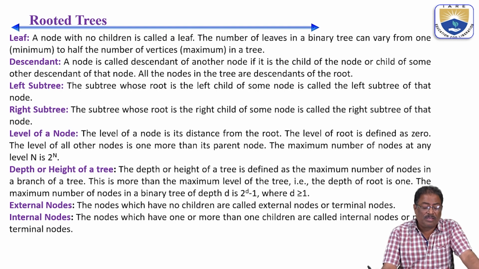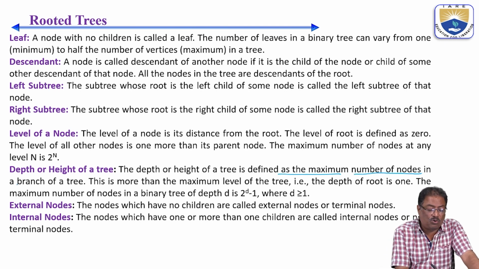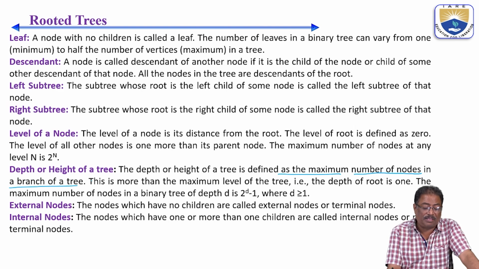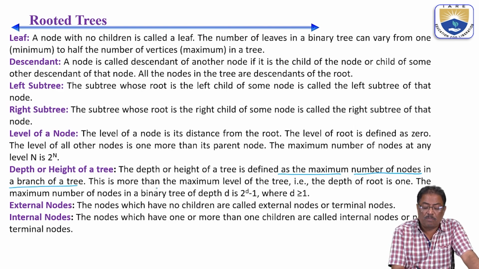The level of a node is the distance from the root node. So if any tree is considered, the maximum number of nodes at level n is 2 to the power of n nodes. What is the depth or height of a tree? The depth or height of a tree is defined as the maximum number of nodes in a branch of a tree. This is one more than the maximum level of a tree.